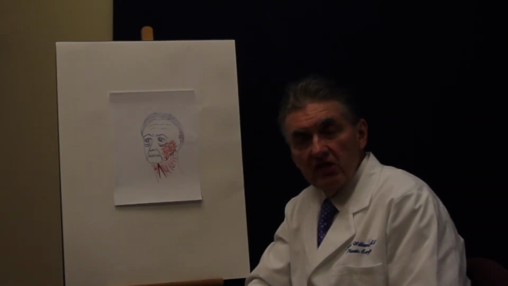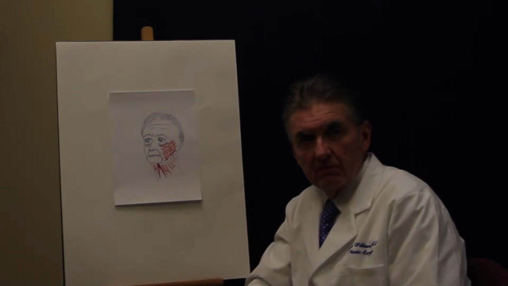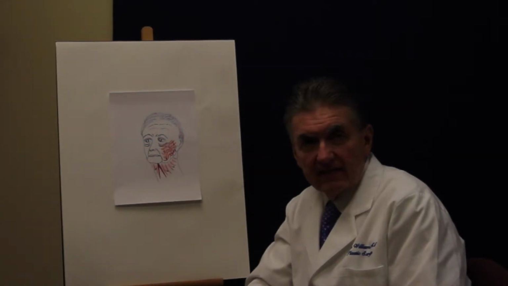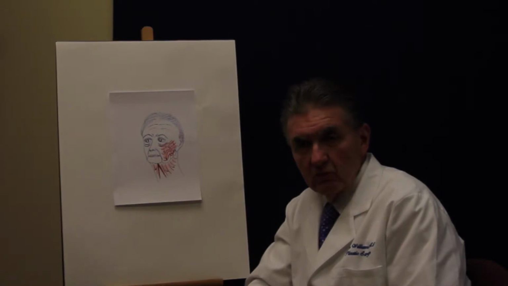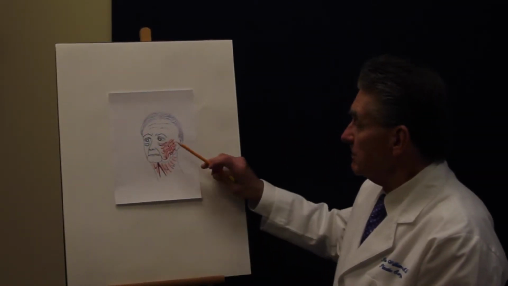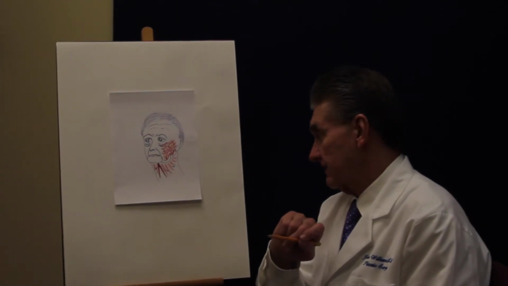So although we initially felt that the major problem with facial aging was the laxity and sagging of the skin, we've come to recognize that the problem is much deeper than that. In fact, the problem is with the deep tissue of the face and neck.